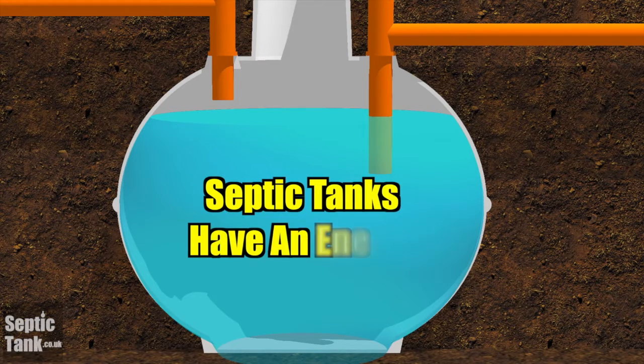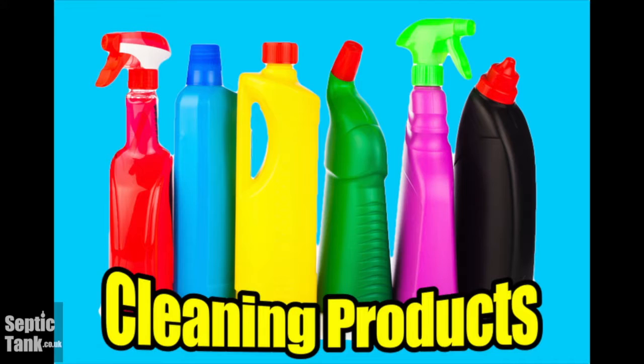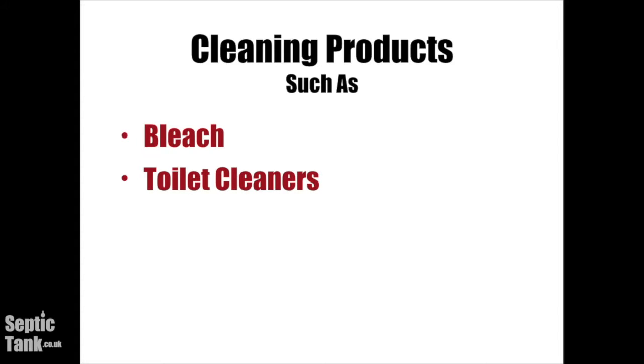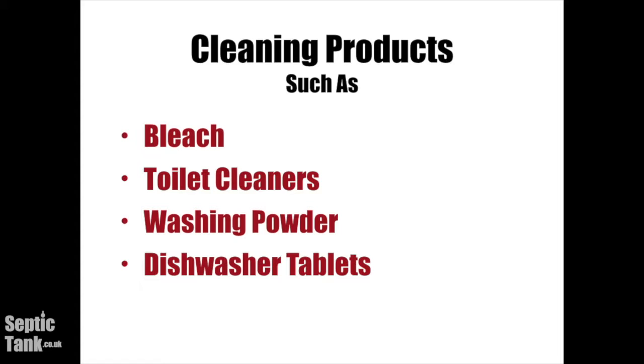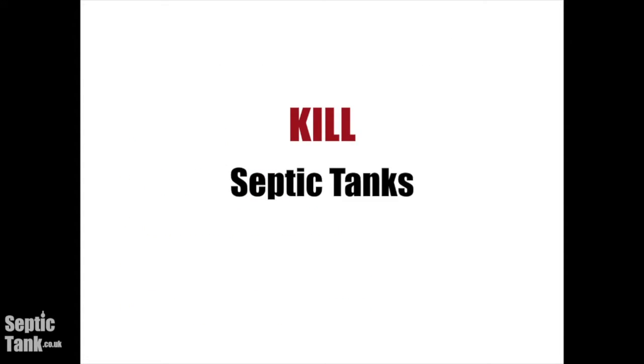So, why do septic tanks develop problems? Well, septic tanks have a common enemy: cleaning products. You see, cleaning products such as bleach, toilet cleaners, washing powder, dishwasher tablets, soap and shampoo, etc., they kill septic tanks.